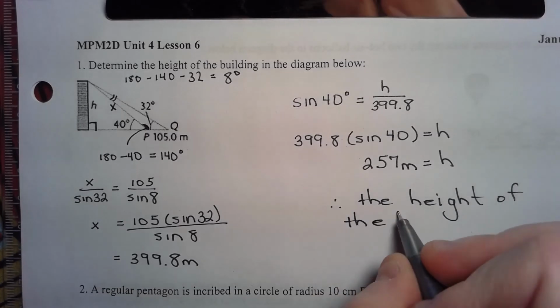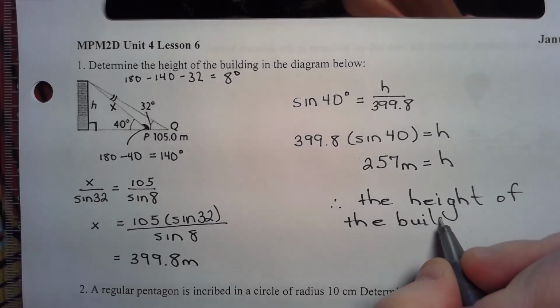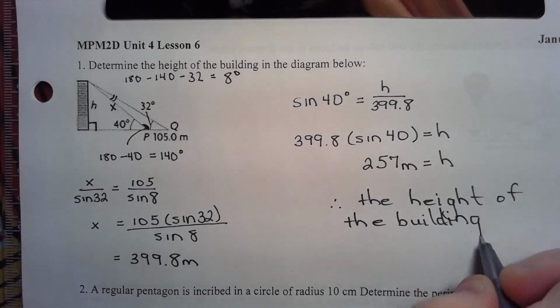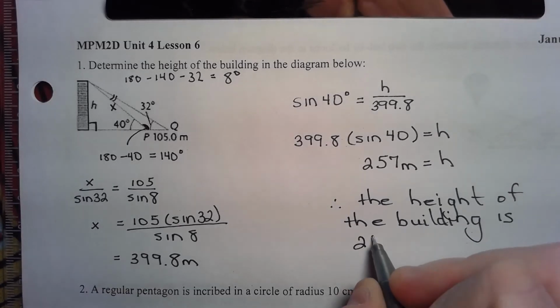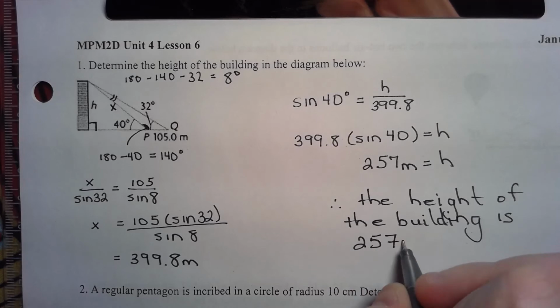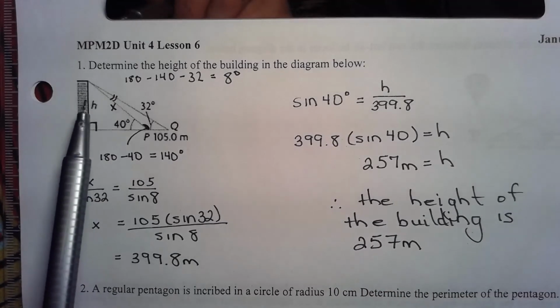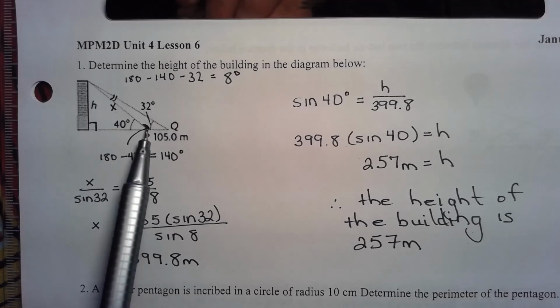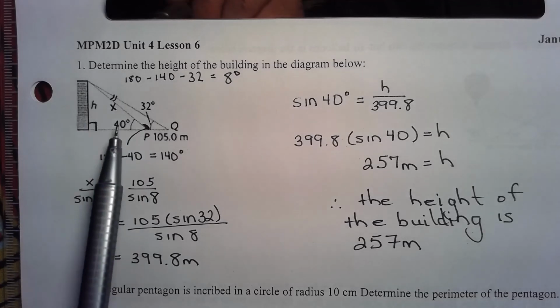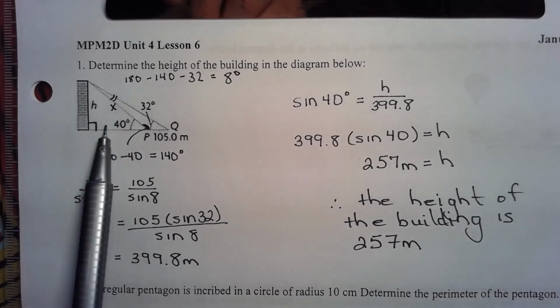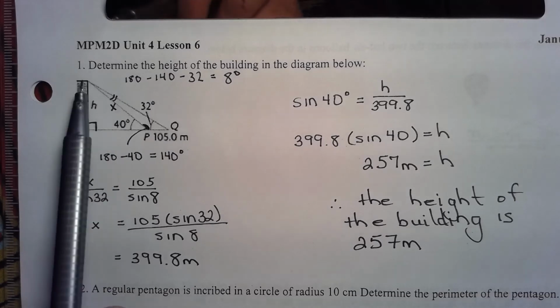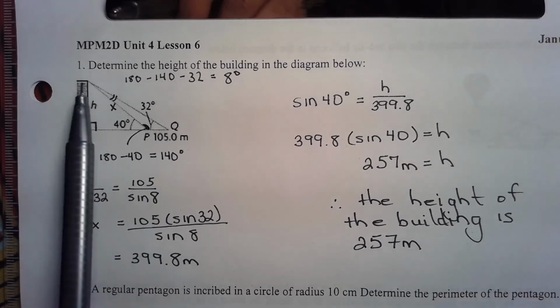So if we just recap and take another look at that, we want to first take a look at what it is we want to find, which in this case is our height. So in order to find our height, we can take a look. We have a right angle triangle right here with 40 degrees, or we have a right angle triangle right here with 32 degrees.